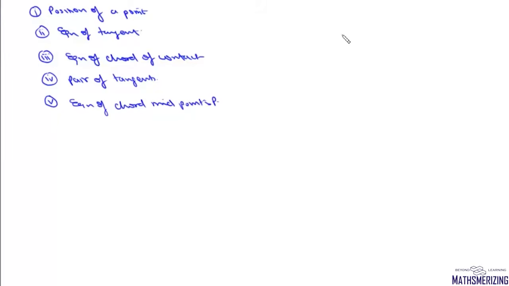So suppose we have an ellipse whose equation is given by S equals to 0, and which in this case is x square upon a square plus y square upon b square minus 1 equals to 0. And we have a point P which is say (x1, y1). Now we can find S1.